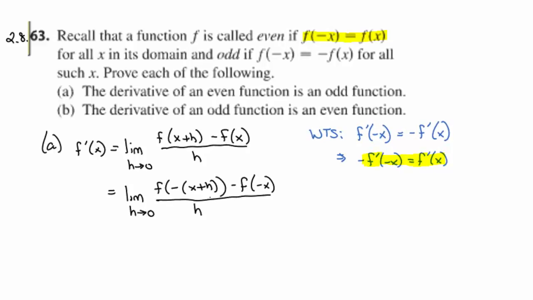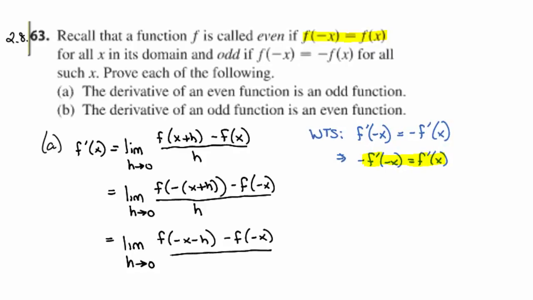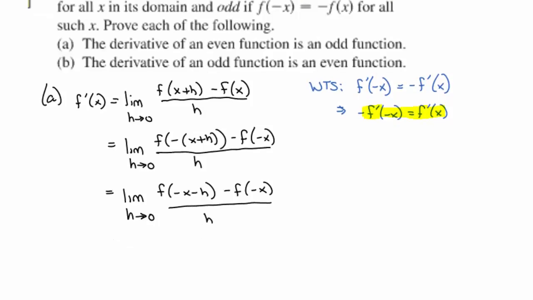So that is just coming from the fact that we know that f is an even function, that f of an argument is the same as f of the opposite of the argument. I'm going to do some distribution here. This is the limit as h is approaching 0 of f of negative x minus h minus f of negative x all over h.